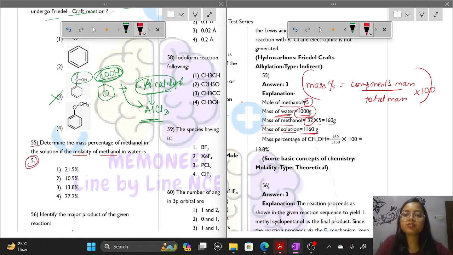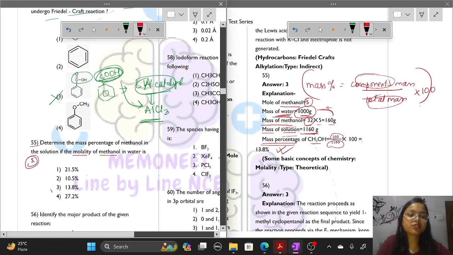Then mass of the solution is 1160. Okay, we have to add the mass of water and the mass of methanol to get the mass of solution, right? So on solving this, the mass percentage of methanol comes out to be, component's mass is 160, total mass is 1160, into 100, which comes out to be 13.8%. Okay, option number 3 is the correct answer.